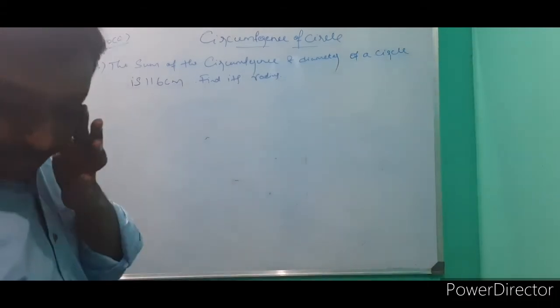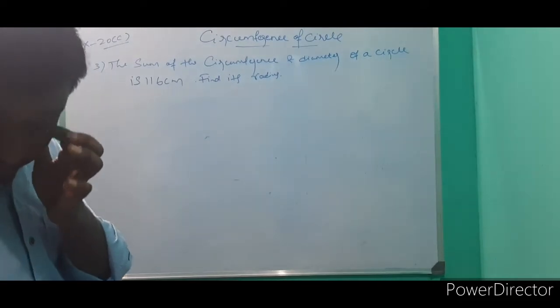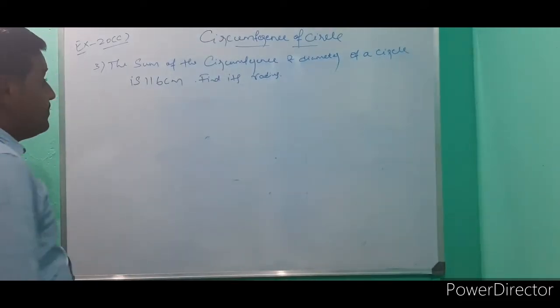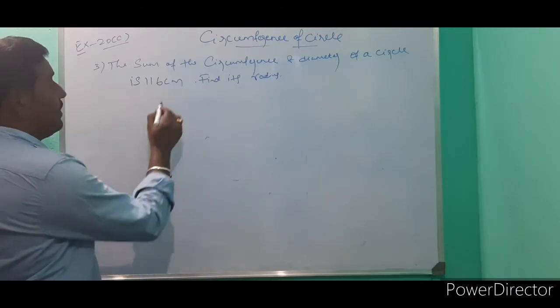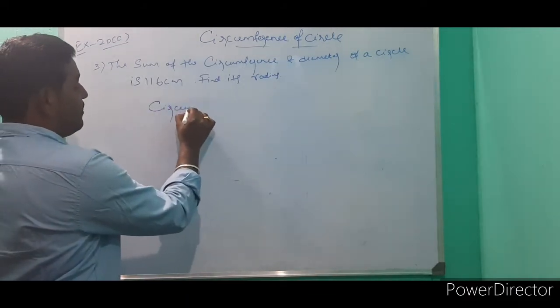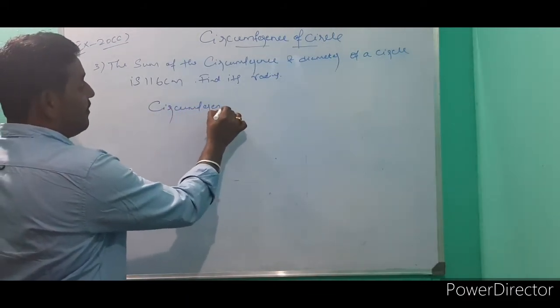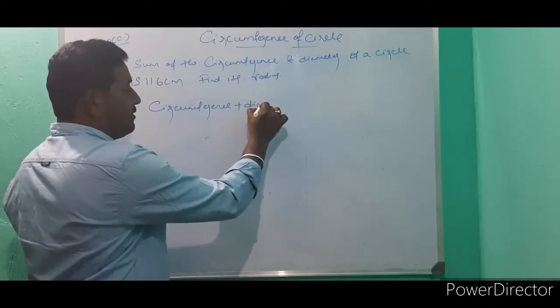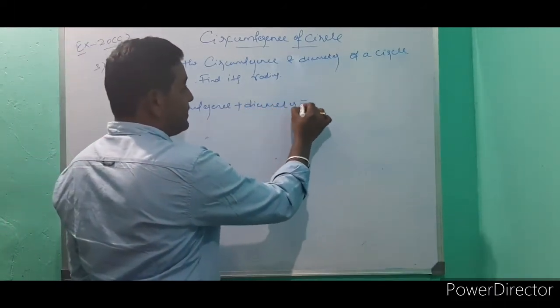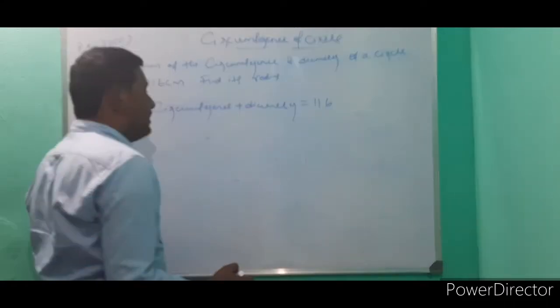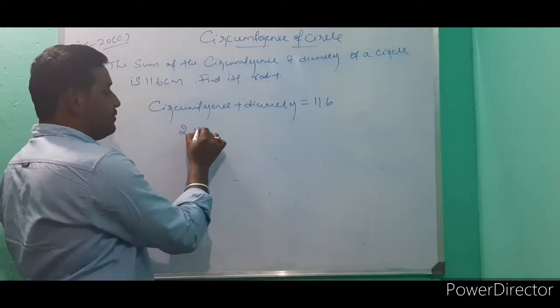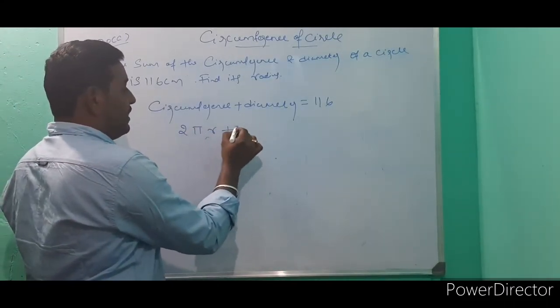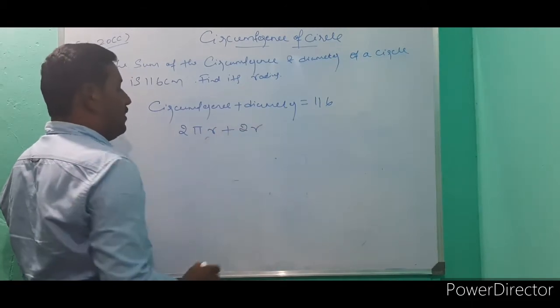Here the given circumference plus diameter sum is equal to 116. Circumference formula is 2 pi r, plus diameter is 2r.